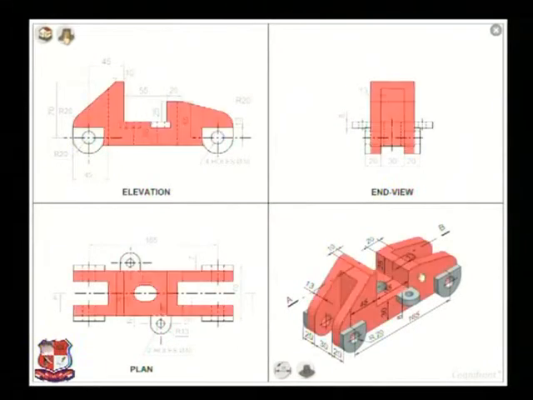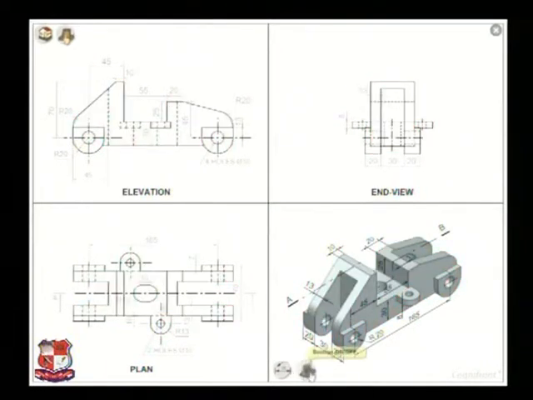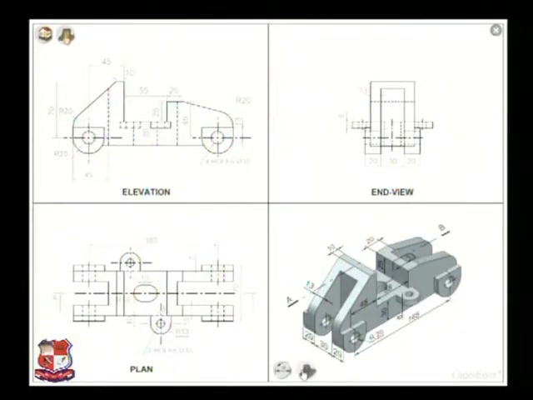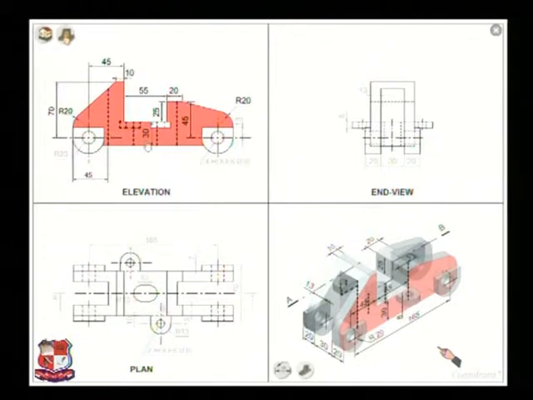Now if I cut this object from the middle, somewhere here, then this portion would be cut. Hence here section lines are to be drawn where material is cut, and hence we draw section lines in this portion. Whenever we draw section lines of the object, the dotted line becomes a full line. So previously you can see dotted lines were here.